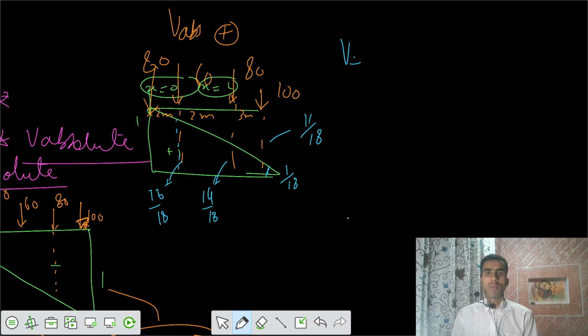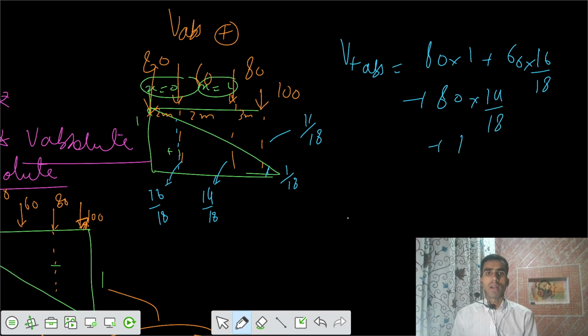So V positive absolute is equal to 80 into 1 plus 60 into 16 by 18 plus 80 into 14 by 18 plus 100 into 11 by 18, and you get a value of 258.9 kilonewton.